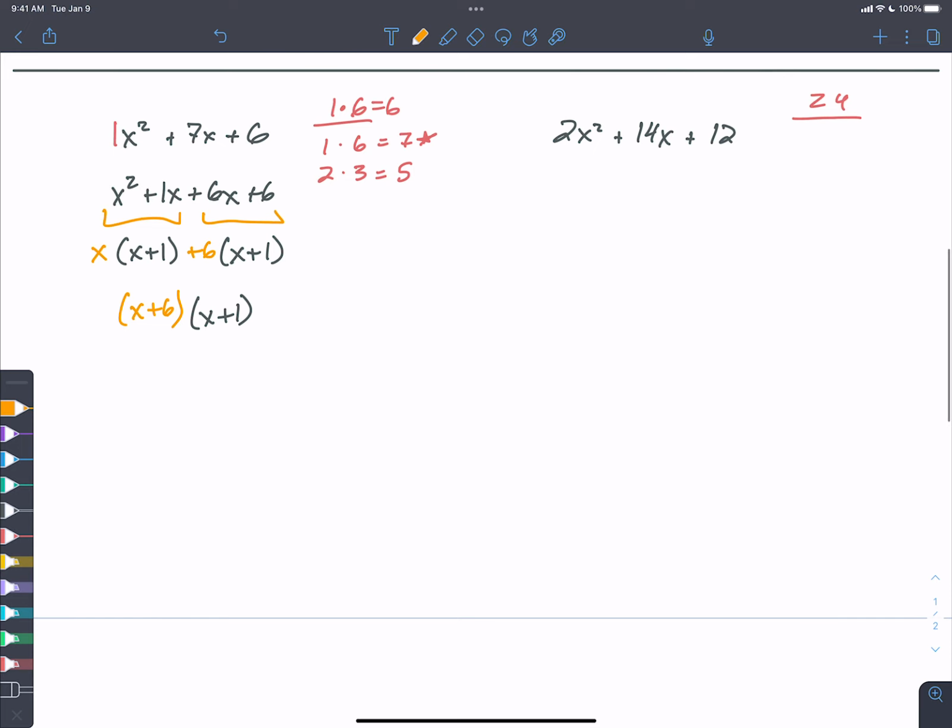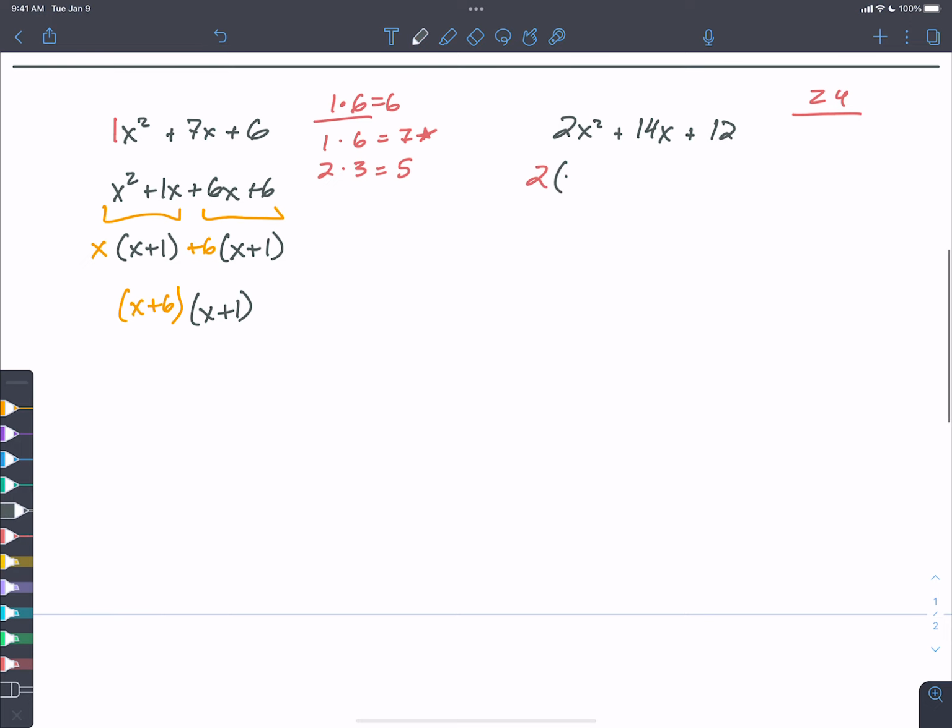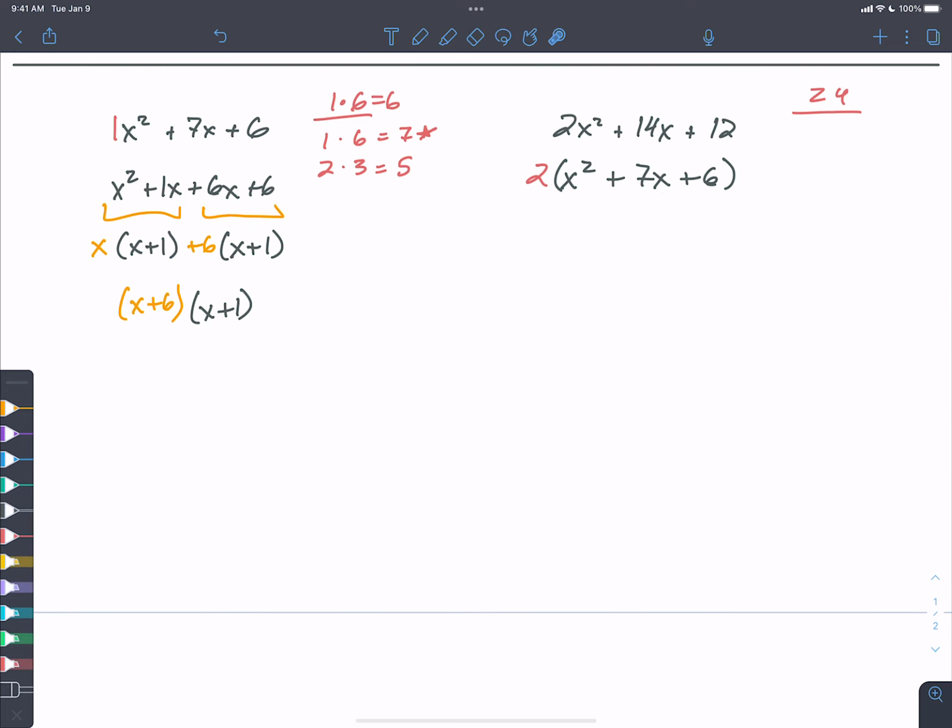So at the very beginning, I could factor out that 2, and what I'm left with is x squared plus 7x plus 6, because 2 times x squared is 2x squared, 2 times 7x is 14x, and 2 times 6 is 12. Now look at that.